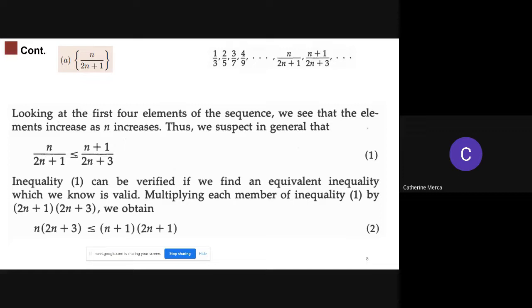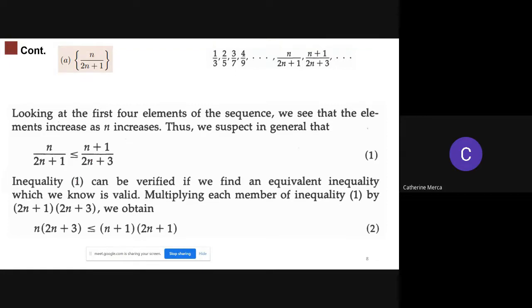You just base this on the values that you got earlier, but you have to show it. When you show this, you can multiply by the LCD, or you can simply cross multiply.